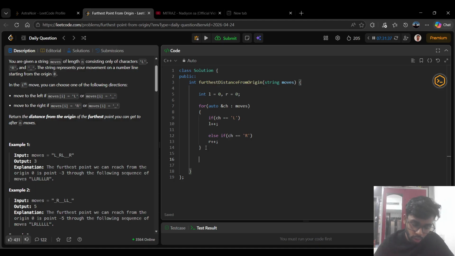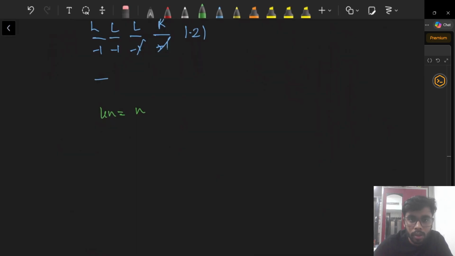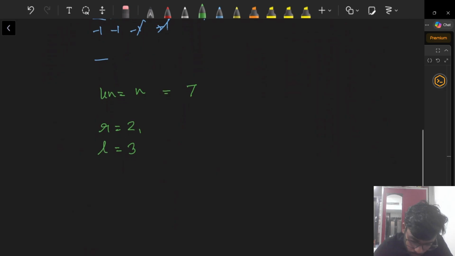Yes, there is one observation as well. Suppose the length is n, and for example, take the length as 7, and R is 2, and L is 3, right?